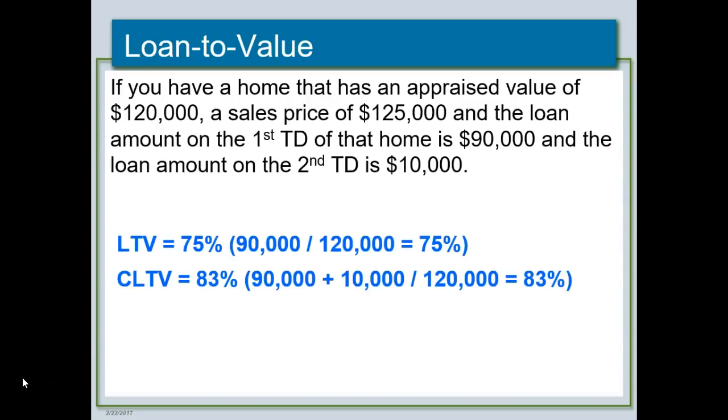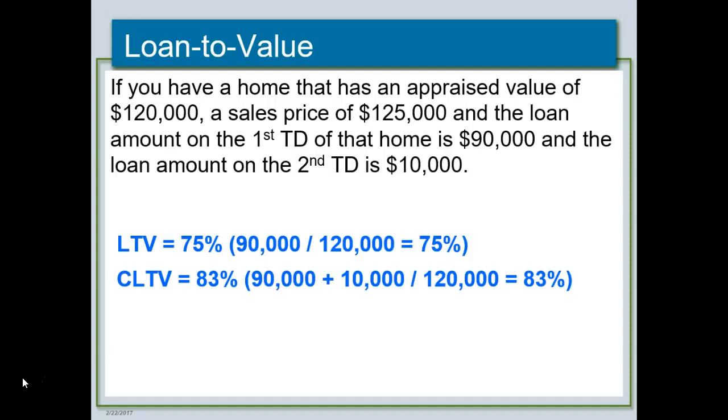To calculate the LTV, you'd have taken $90,000 divided by whatever is lower, which is $120, press equal, that's 75%. For the CLTV, you'd have taken the first and the second, so the 90 and the 10, divided by whatever is lower, just press equal, it would have said 83%.